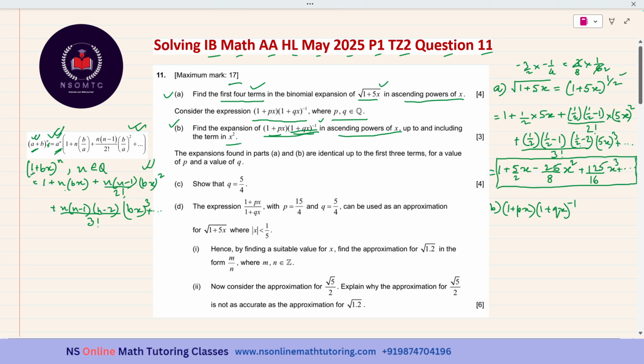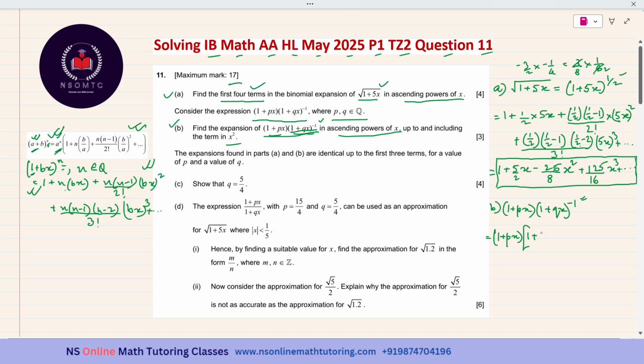Again, you are having 1 as the first term, so we can apply this formula, and in this case n is negative 1. Again a rational number. So this is equal to 1 plus px, and the first term is 1 plus n times bx.